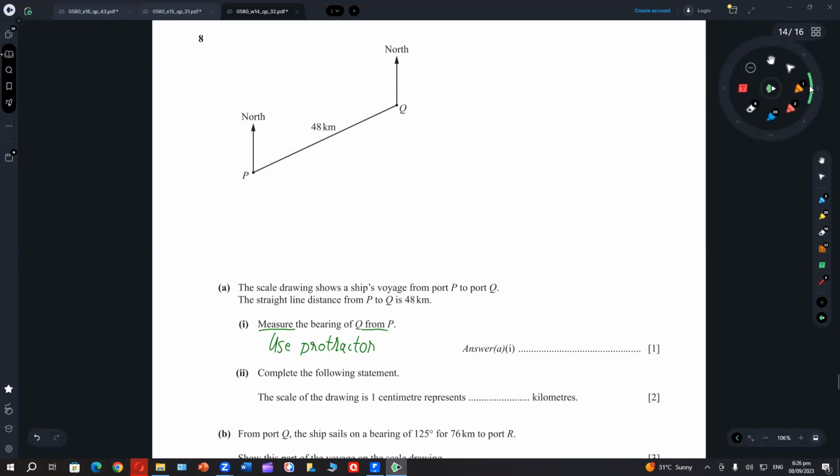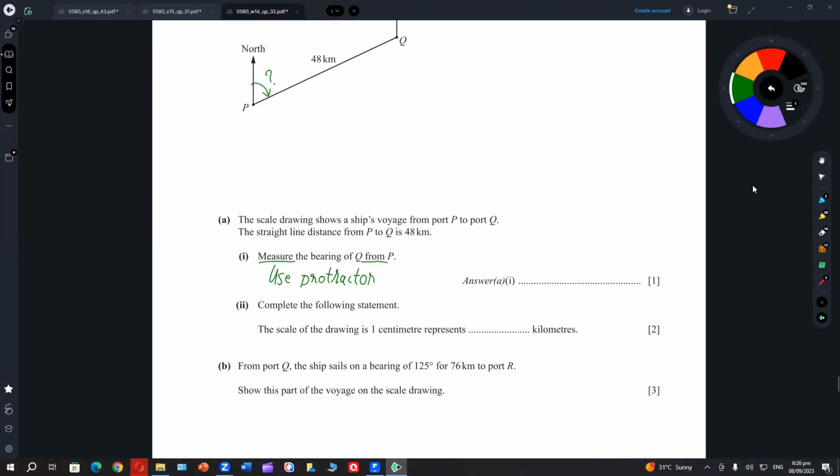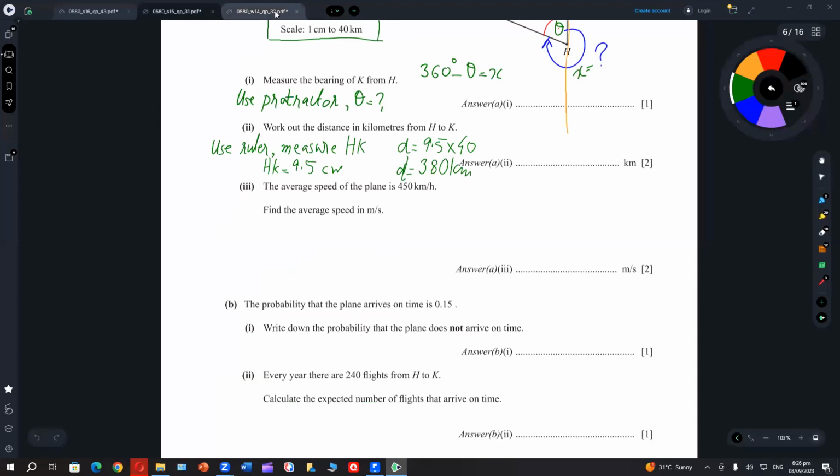Read the second part. The second part says the scale of the drawing is 1 centimeter represents blank kilometers. So the statement is there for PQ, and he has given us PQ is equal to 48. Put a ruler on.